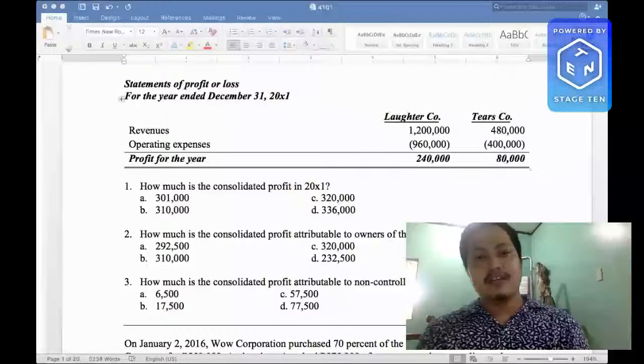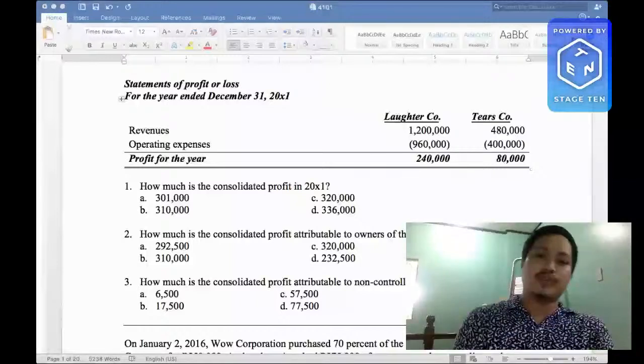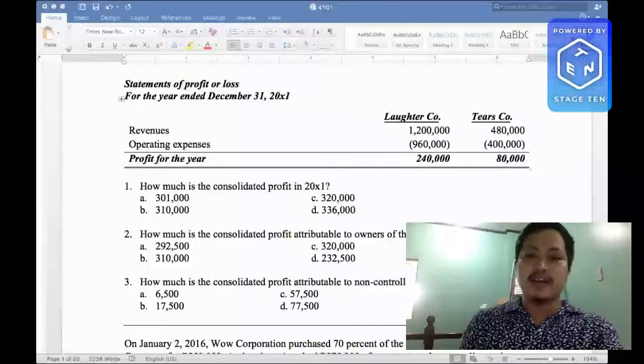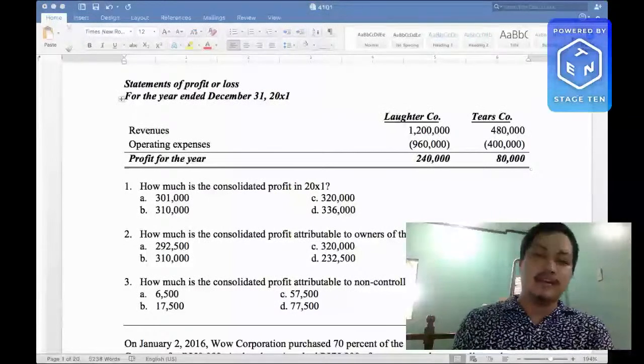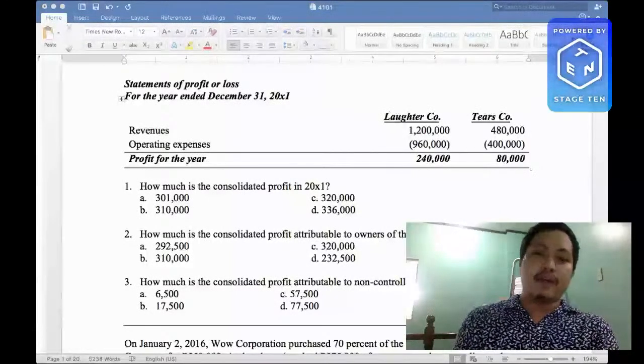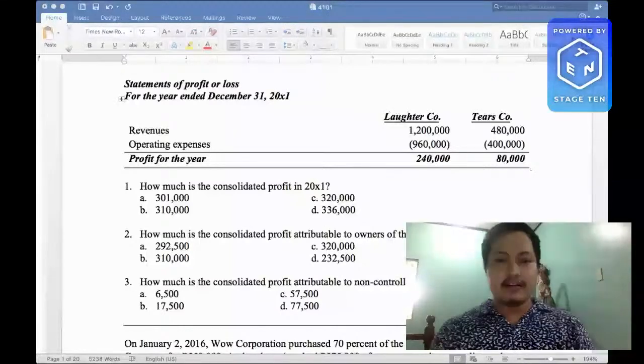The correct depreciation expense for the building for the consolidated entity is 60,000. But how much was included in the operating expenses as reported by the subsidiary? Only 50,000. So in the eyes of the consolidated entity, the operating expenses of the subsidiary is understated by 10,000. It is lesser by 10,000. The correct amount in the eyes of the consolidated entity is 410,000.